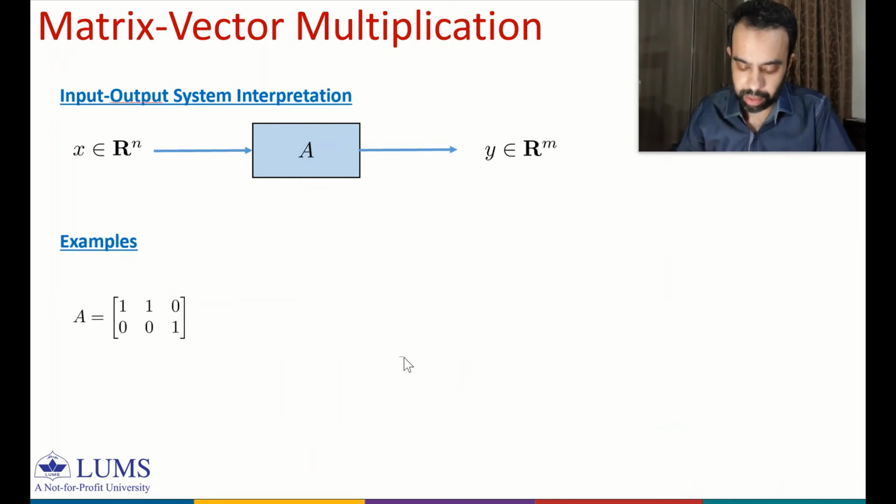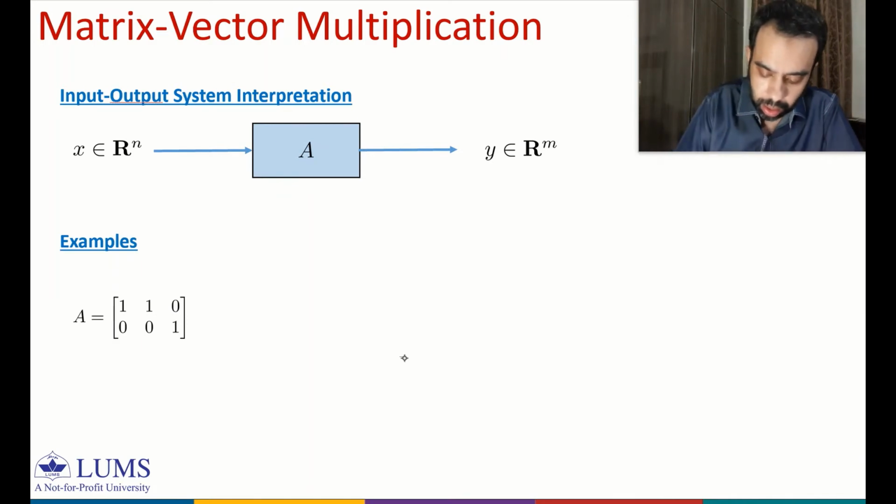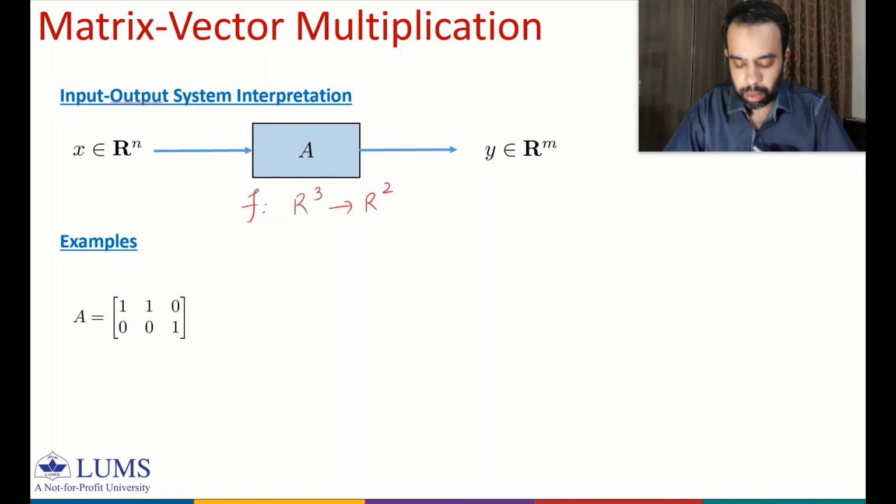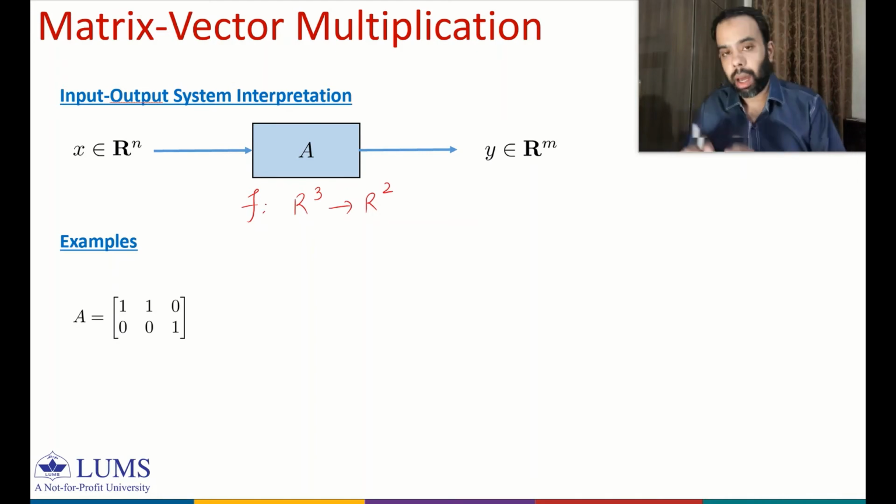Say we take this matrix A. So what does this system represent? For this A, the system maps from R3 to R2 because we have 2 rows and 3 columns of a matrix. This matrix acts on x that belongs to R3, and what you get is a vector in R2. Right?